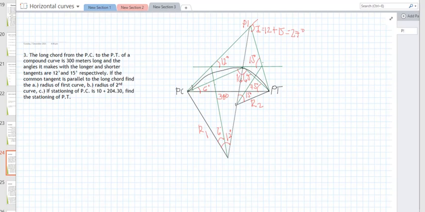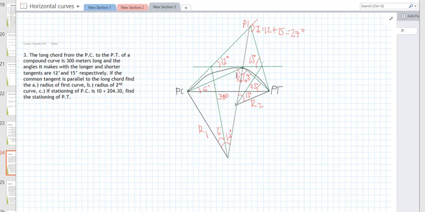So for the radius of the first curve, in order for us to compute the value of the radius, we'll first look for the relationship of the LC1 to the radius.